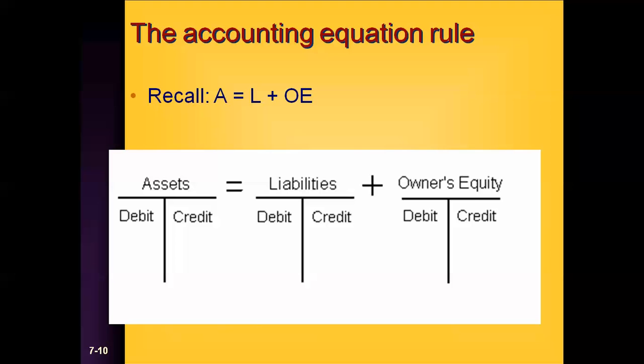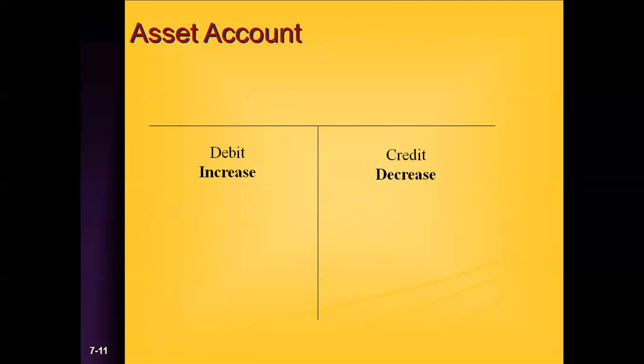So as you increased your asset accounts and debited those accounts, there would typically be a corresponding decrease in your liabilities and owner's equity through credit recordings. Okay, so again, very important. Make sure you get this in your notes.